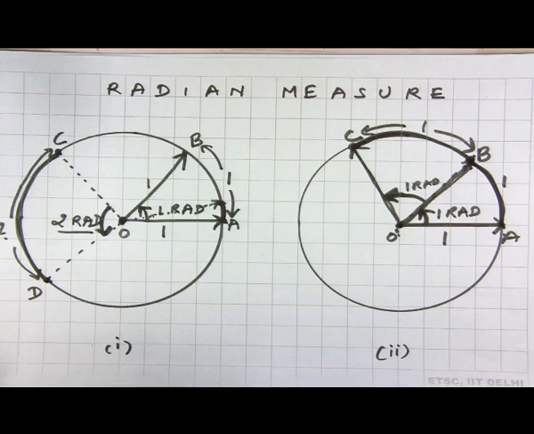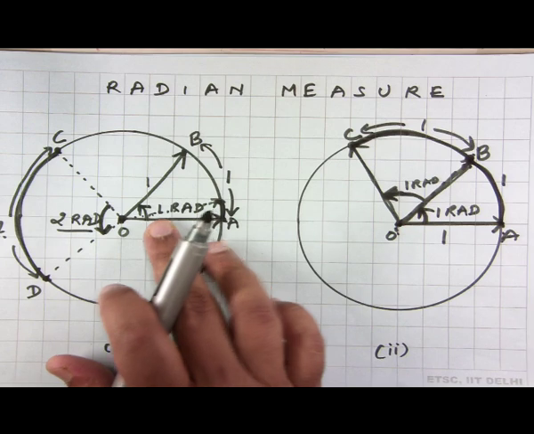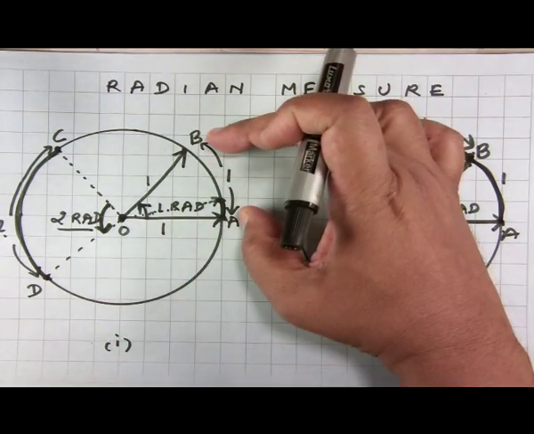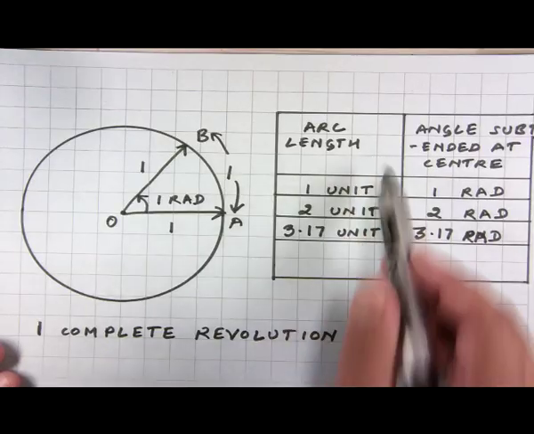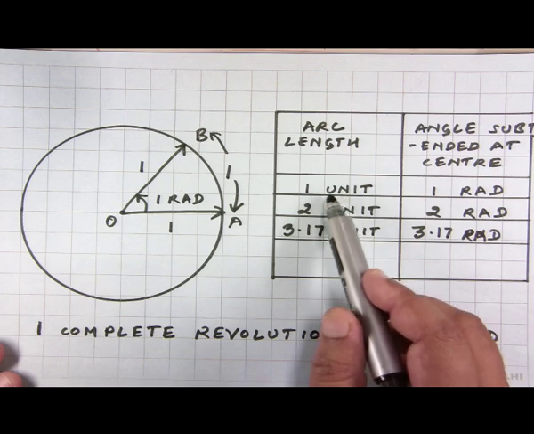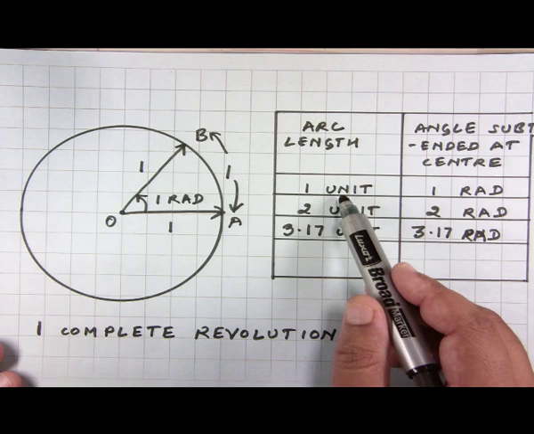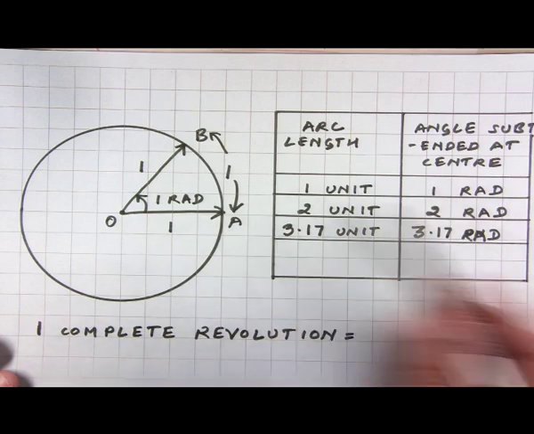So, it appears that if you double the angle of rotation, then the length of the corresponding arc will also double. So, therefore, here is a little table. If the arc length, let us say the arc length is 1 unit, then the angle subtended at the center is 1 radian, or vice versa.